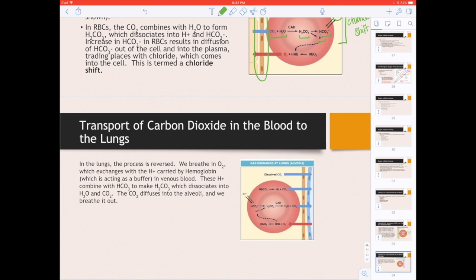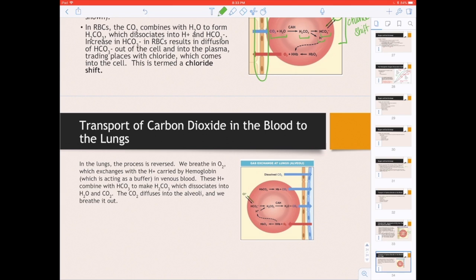Okay, transport of carbon dioxide now in the blood to the lungs so that we can respire that CO2 out. So we've discussed CO2 going from tissues, where it's a waste product, into red blood cells and plasma. Now we're talking about taking that CO2 from the blood and transporting it to the lungs so that we can breathe it out. In the lungs, the process is actually reversed. We breathe in oxygen. That oxygen has an exchange system with protons that are carried by the hemoglobin.